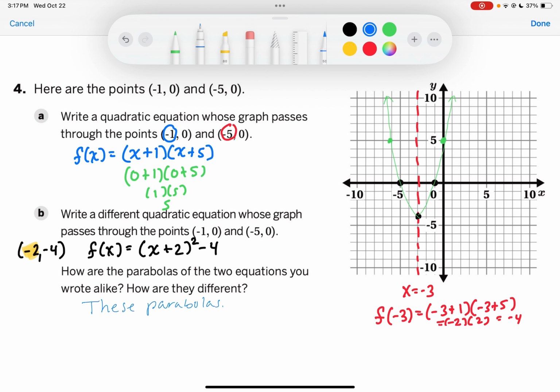Now you could have said something different. Instead of that, you could have said f of x might equal -(x plus 1) times (x plus 5). And that would have just spun it upside down.